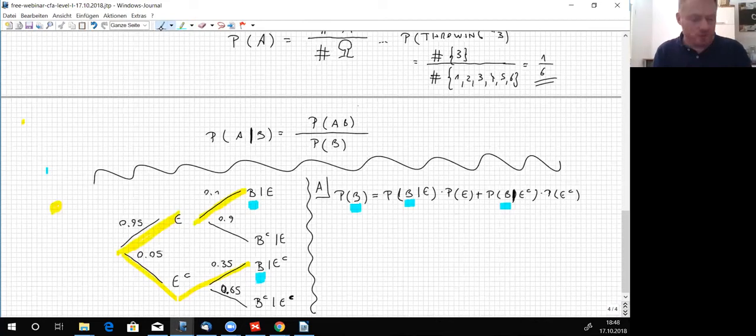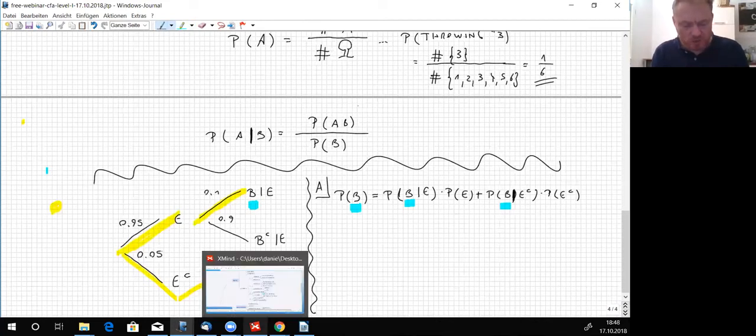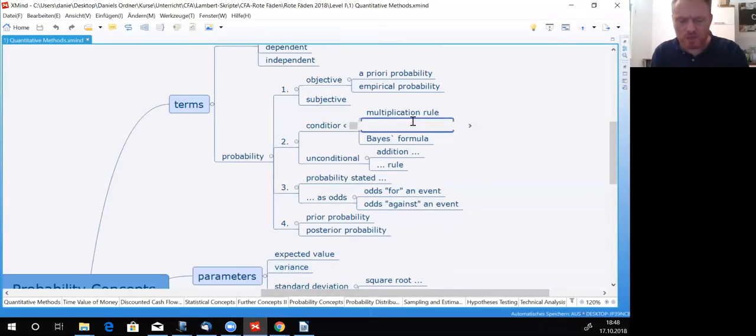That's called the total probability rule. It deals with conditional probabilities, but it leads to an unconditional probability.